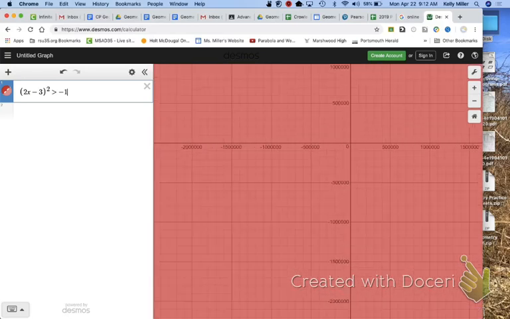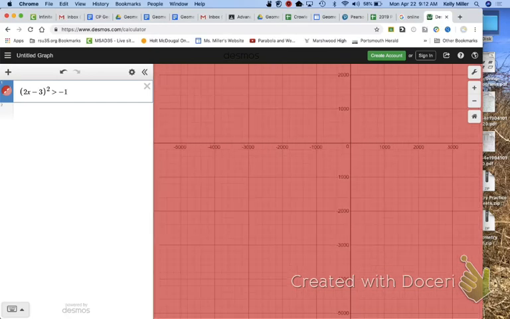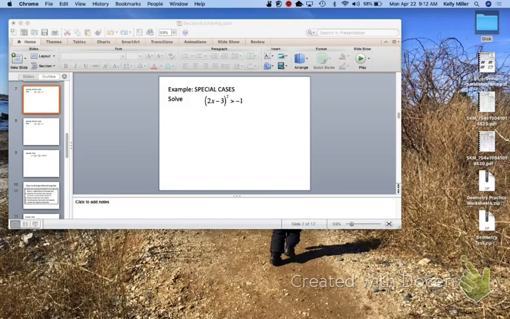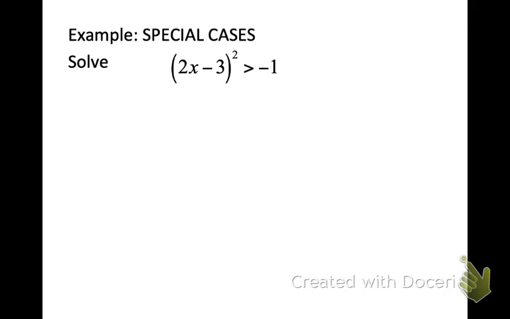It's everything, isn't it? Yep. So isn't it true that whenever you square a number, it will always be greater than -1? Yeah. Because if my x-intercepts are imaginary, meaning they don't exist, then it's just always going to be all real numbers.